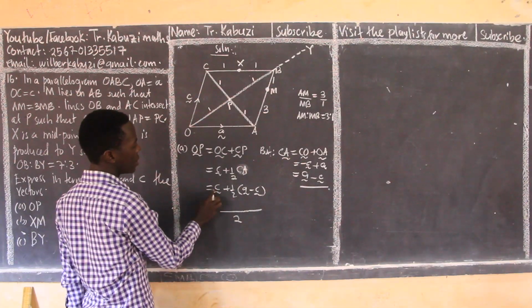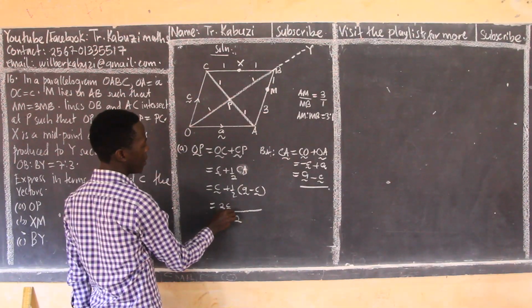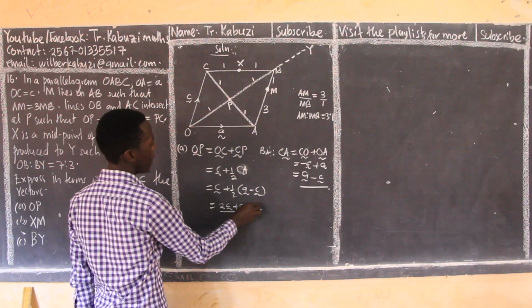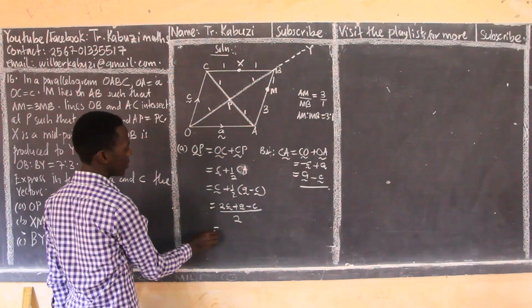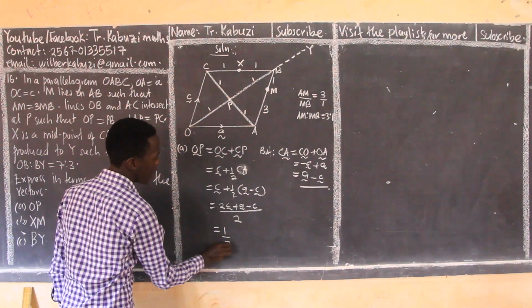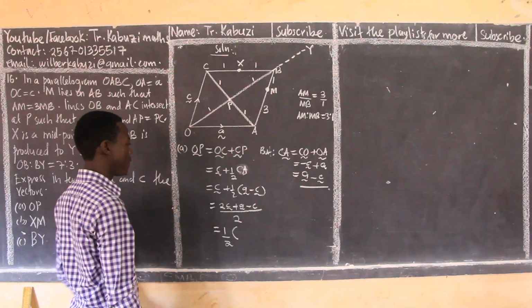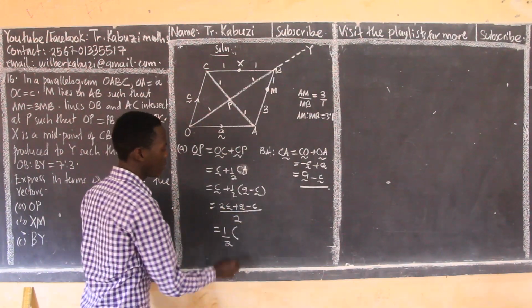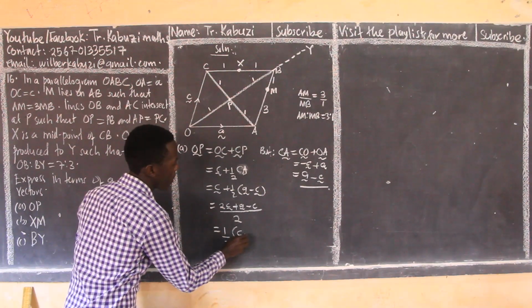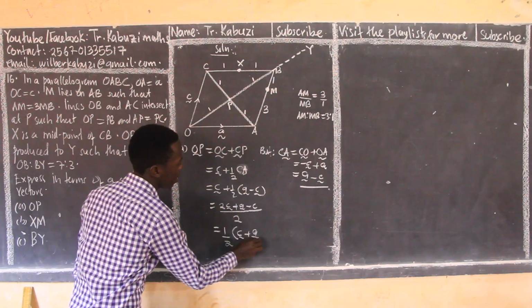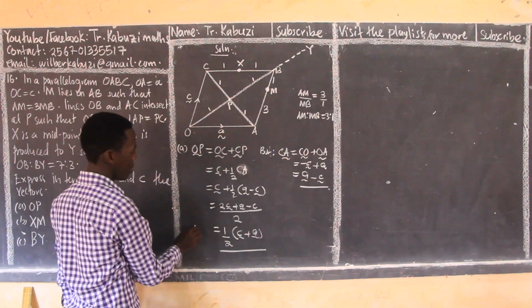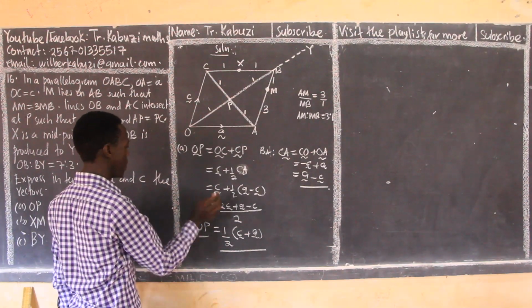This is over 1, so this one becomes 2C plus A minus C, and this one now becomes a half. If you factorize out that half, we get C plus A. So that is our OP.